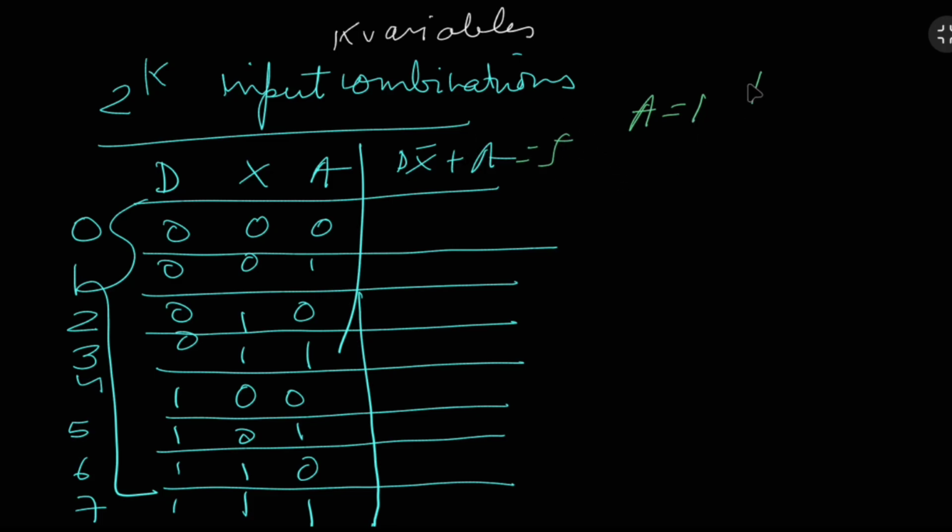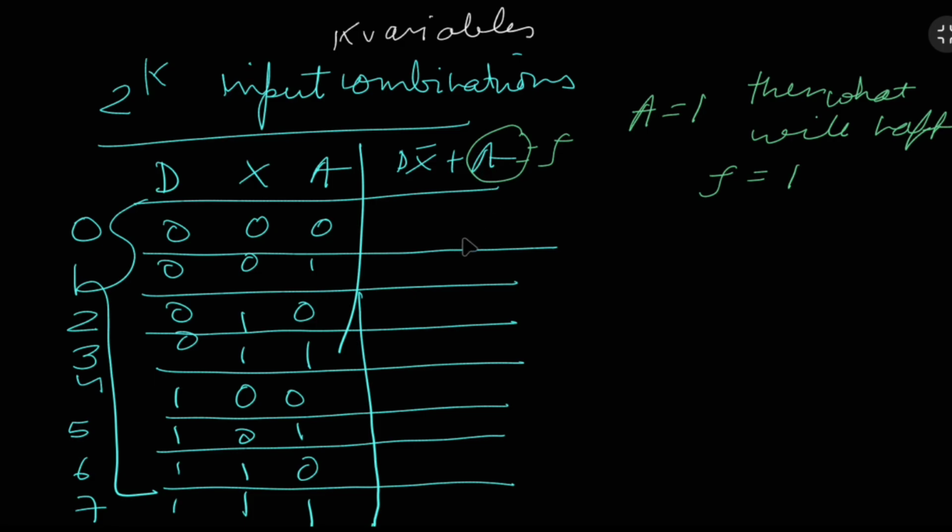Then what will happen? Then directly f equals to 1. You can notice at least one of them is 1. So f will be 1. This is the behavior of OR operation. A equals to 1, then function will be 1.